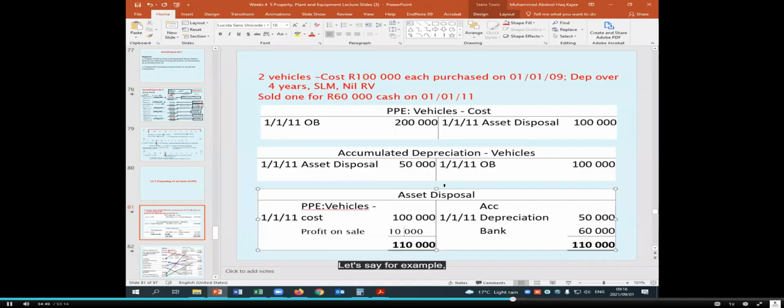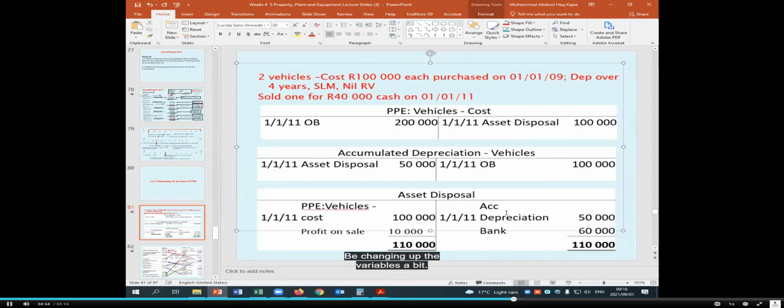But let's say, for example, we sold it for 40,000. We're changing up the variables a bit here.